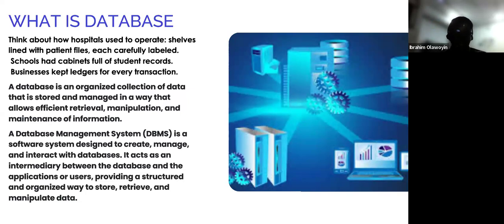So to an engineer, we can say a database is an organized collection of data that is stored and managed in a way that allows efficient retrieval, manipulation, and maintenance of information. Now, this would optimize data retrieval.